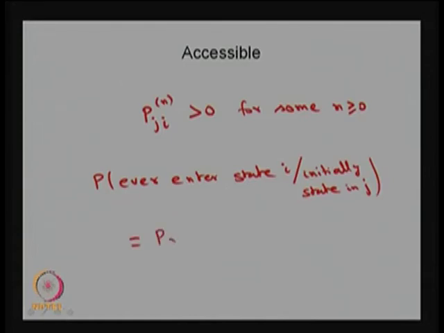That is nothing but the probability of the union of all the events corresponding to X_n takes the value i, given that it was in the state j initially. That is the probability of the union of X_n is equal to i, given that X_0 is equal to j.